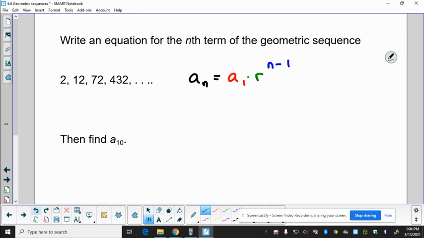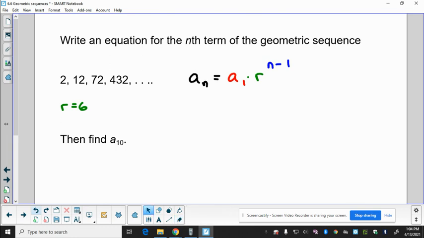First of all, we need to see if we can figure out a pattern. So what is going on here between these numbers? Now I'm thinking that 12 divided by 2 is 6. And it looks like if we multiply by 6, then we're going to have our pattern. So I'm thinking that r is 6, okay? Next thing.